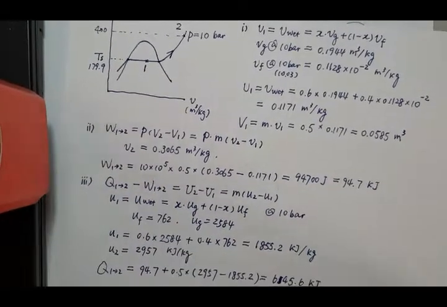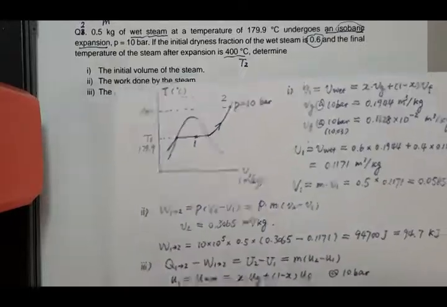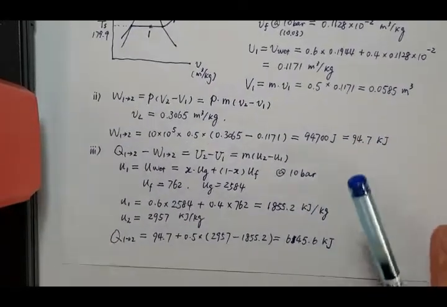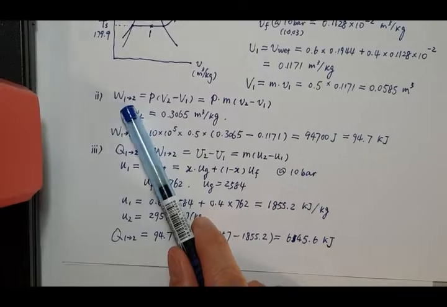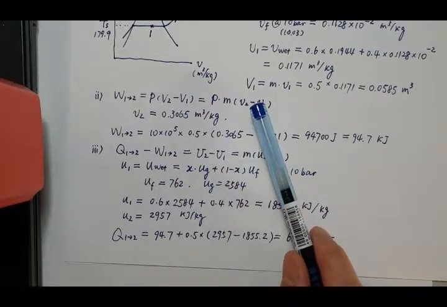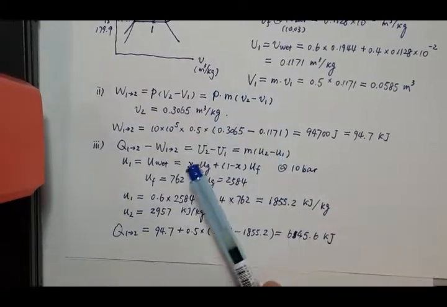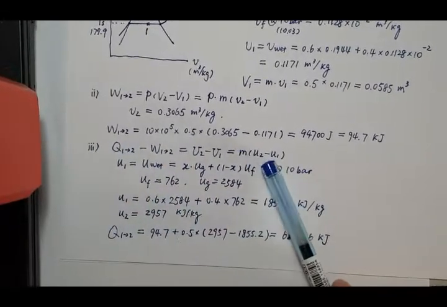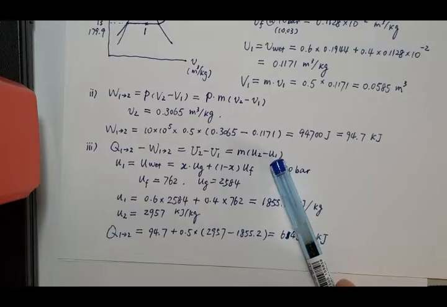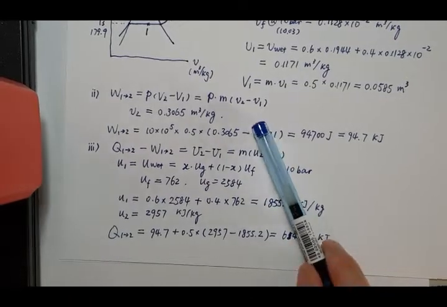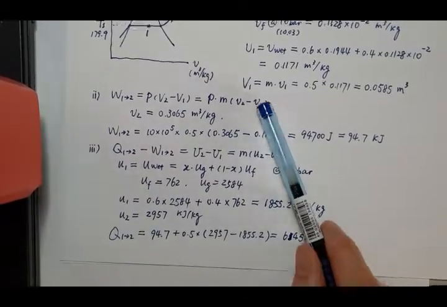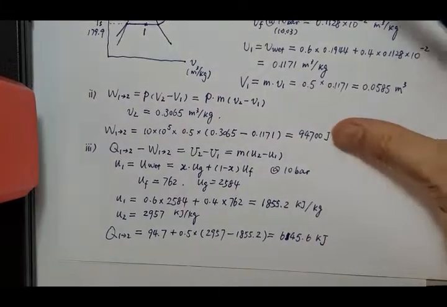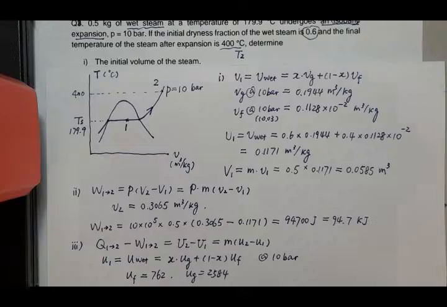It all depends on what equations we are going to use. If we use this equation to calculate the work, then we need information regarding specific volume. If we use this equation to calculate the heat transfer, then we need information about the internal energy. All of these you need to find from the steam table. Okay, so that's the solution for question 2 in tutorial 6.